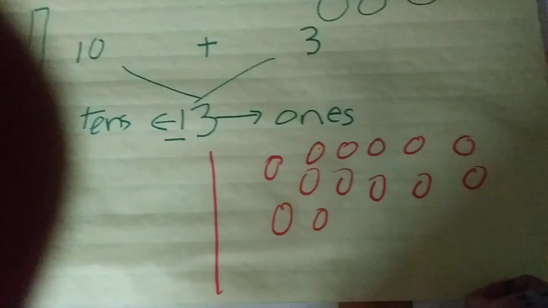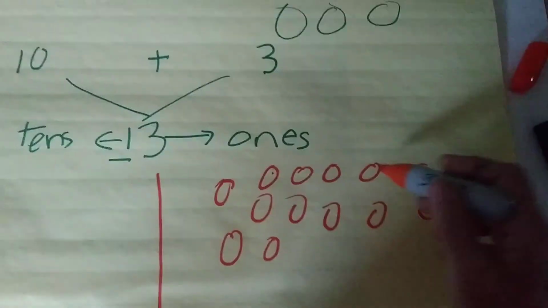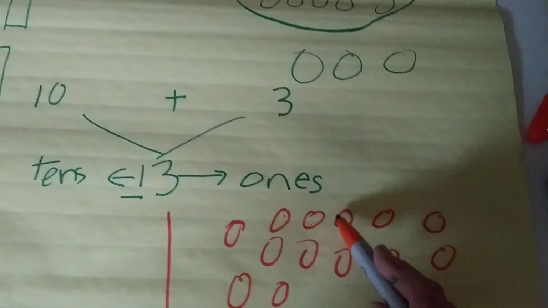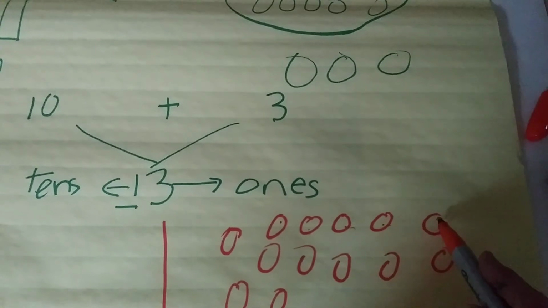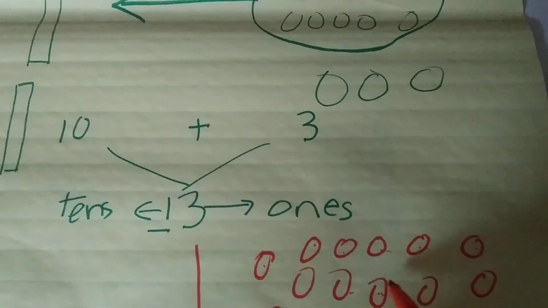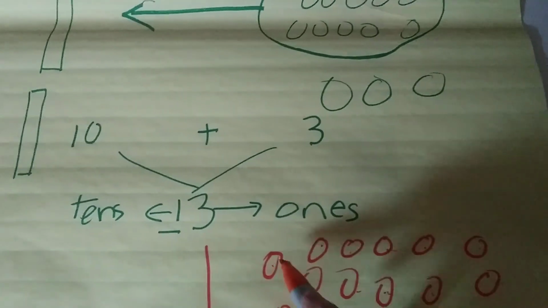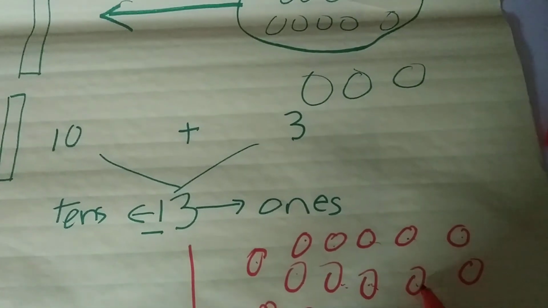Oops. Can I make a set of 10 out of here? Let me try it. Let's count with me. 1, 2, 3, 4, 5, 6, 7, 8, 9, 10. Let me count that again.